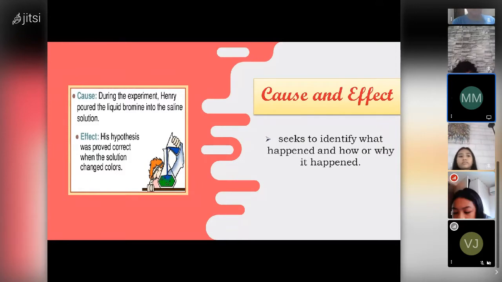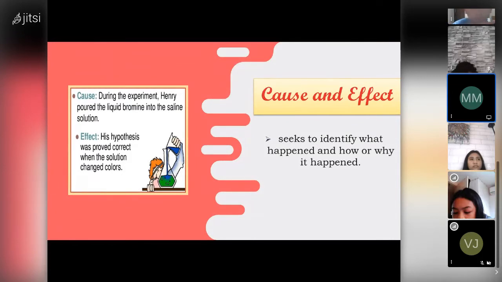She's watching some videos on her phone, but she did not answer the quiz. Okay, Yuki, you turn off your microphone. Okay, let's have Josie. Can you tell us the cause and the effect in the statement?